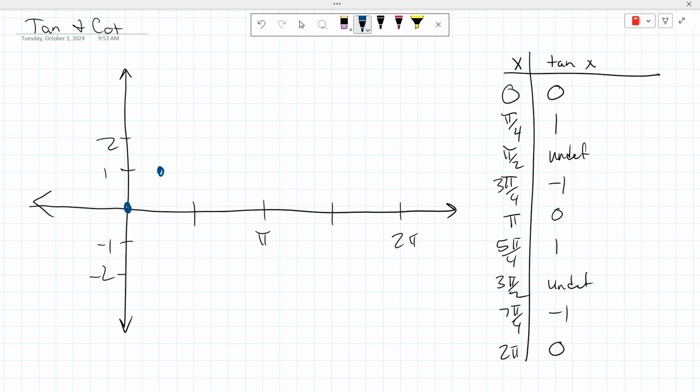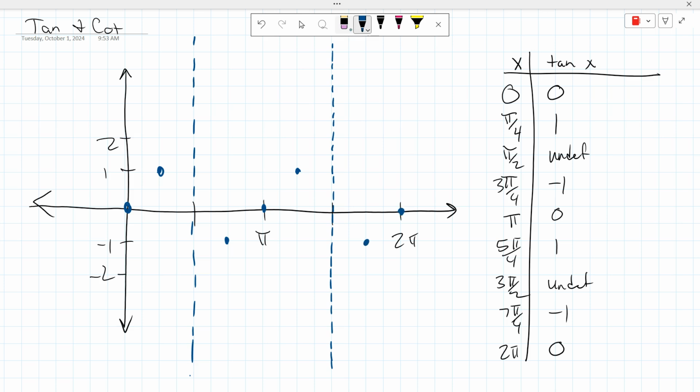Pi over 2, it's undefined. When you're undefined, you have an asymptote there. At 3 pi over 4, we're -1. Pi, we're 0. 5 pi over 4, we're 1. Then we're undefined at 3 pi over 2 again. So another asymptote.